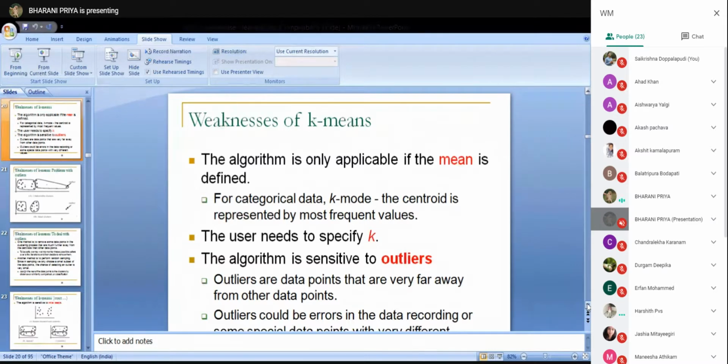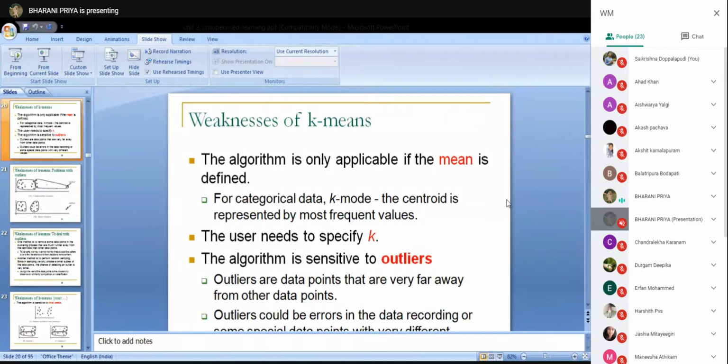When you use mean, the value is biased towards the higher value. Can you get it? Yes, ma'am. So in most cases, using mean is not appropriate. So we can go with median or mode.